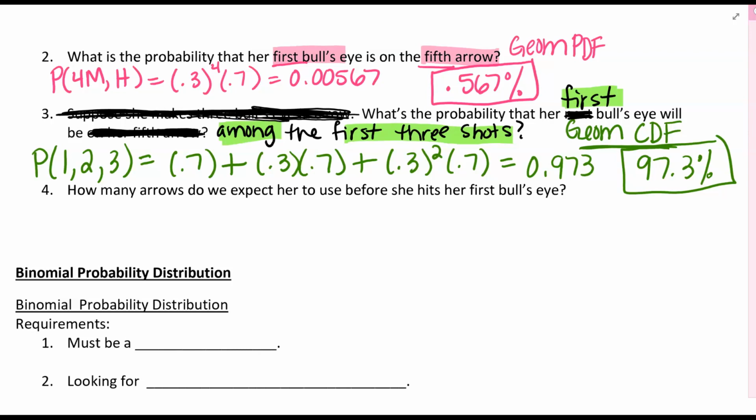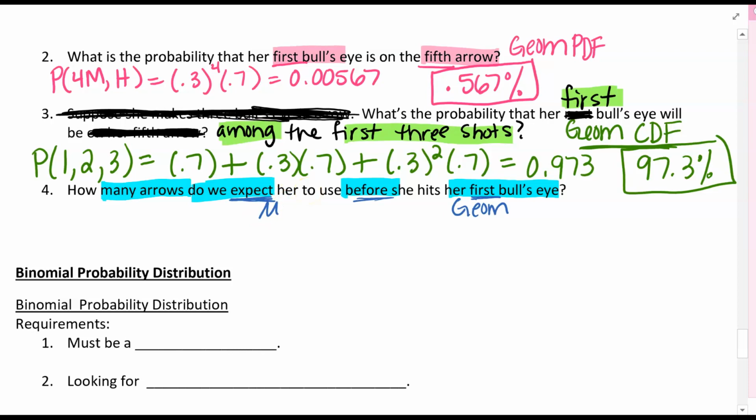Last question for geometric. The question is, how many arrows do we expect her to use before she hits her first bullseye? Because of the words before she gets her first, that tells you it's geometric. And then the word expect tells you you're looking for the mean.